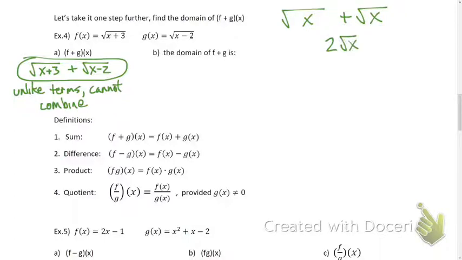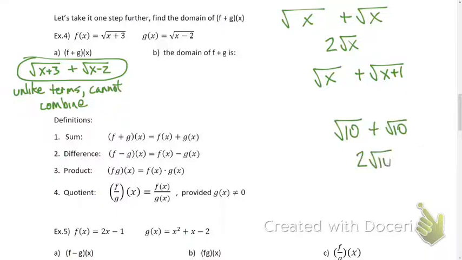But if I have square root of x plus square root of x plus 1, those are different. I can't do anything. You're just stuck. If I have square root of 10 plus square root of 10, that's 2 square roots of 10. If I have square root of 11 plus square root of 13, can't do anything. That's just the end. All right?